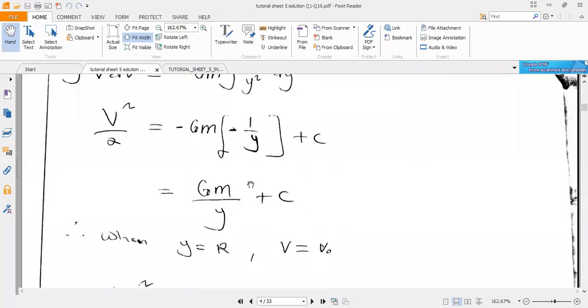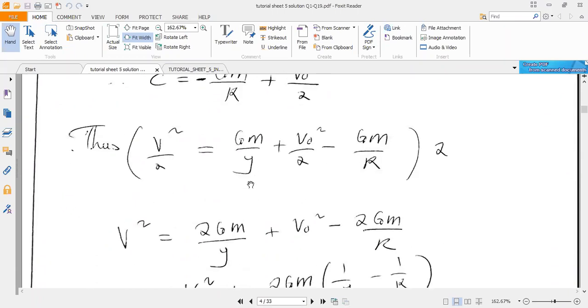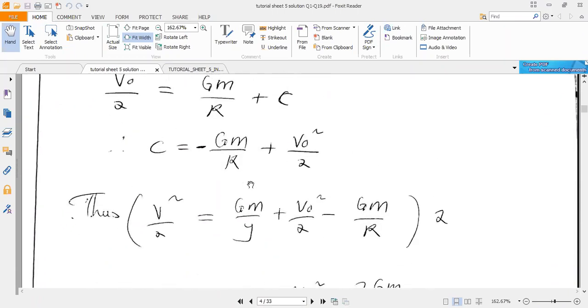So now it is going to be v squared over 2 is equal to GM over y, and instead of plus c, it will now be minus GM over r plus v naught squared over 2. So it will now come to this.